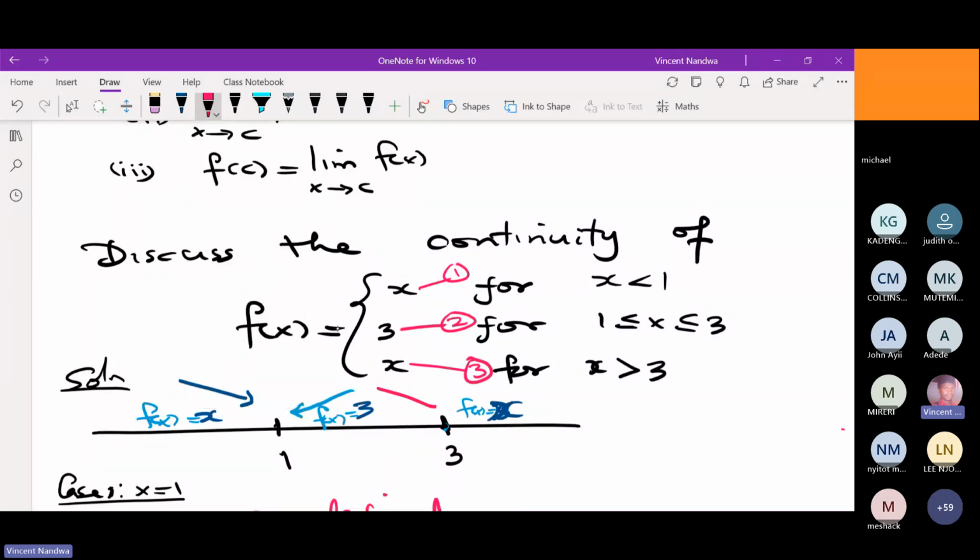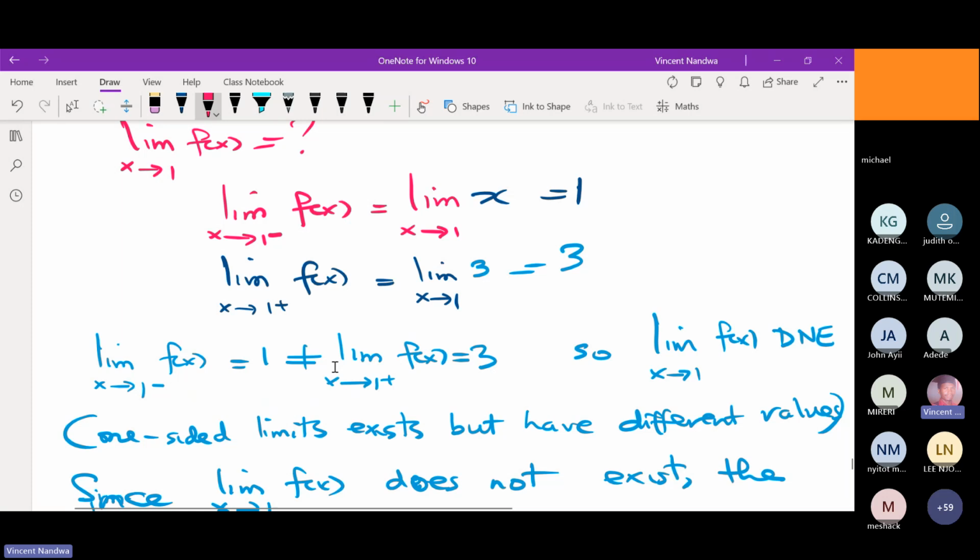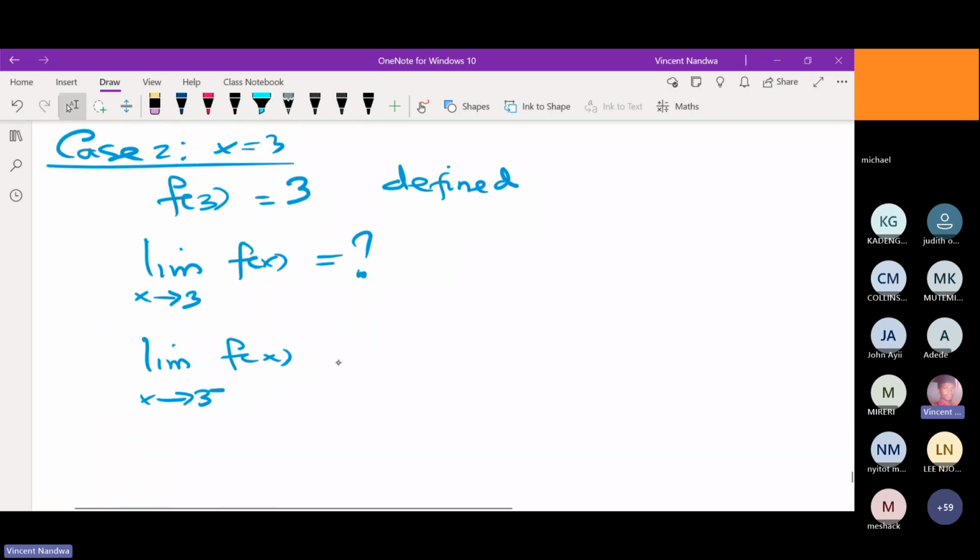So this is how we are going to approach the point x equals to 3, and this is the branch that we are going to use. So this will be the same as limit as x approaches 3 of 3. And what will be the value? 3. Limit of a constant is just a constant, 3, correct.